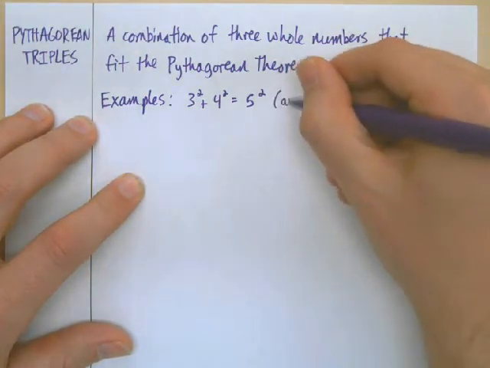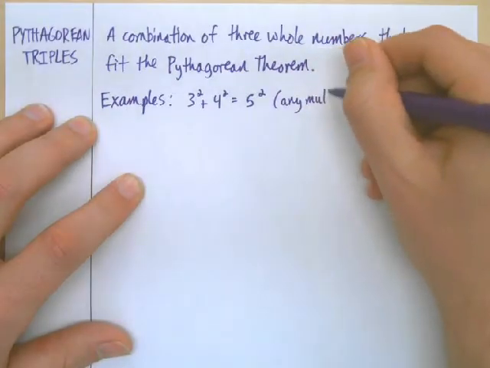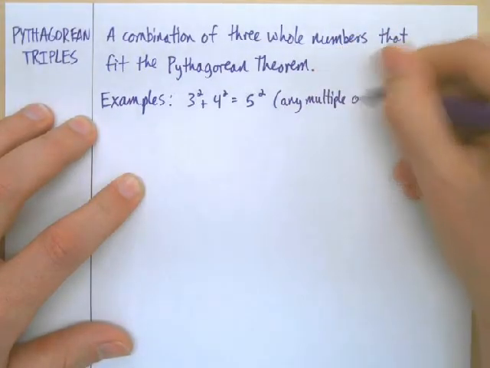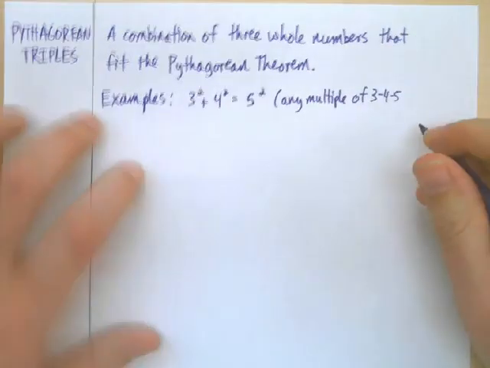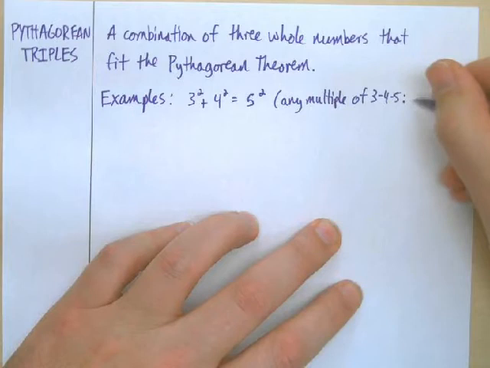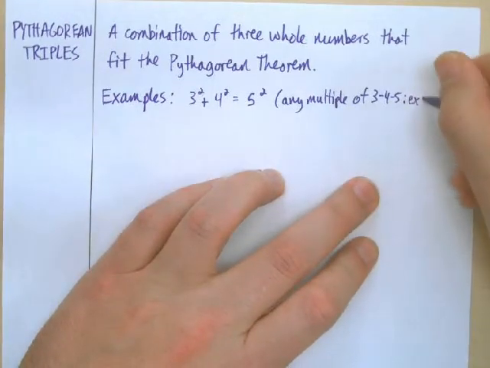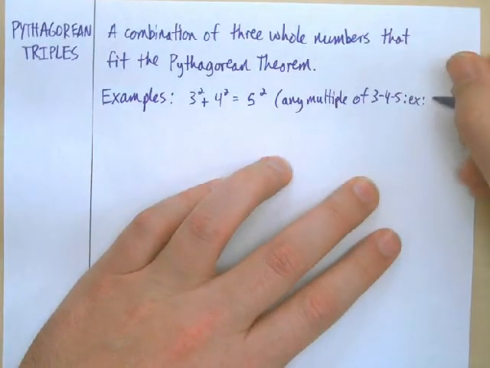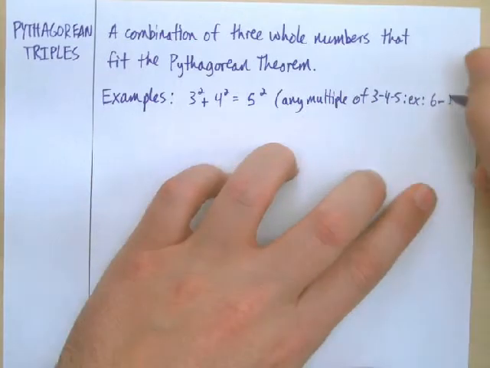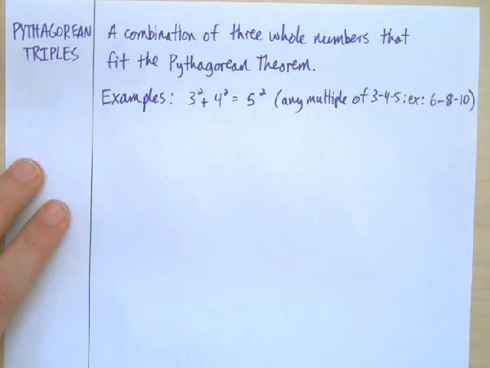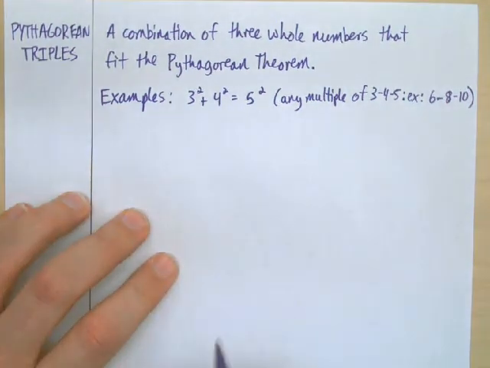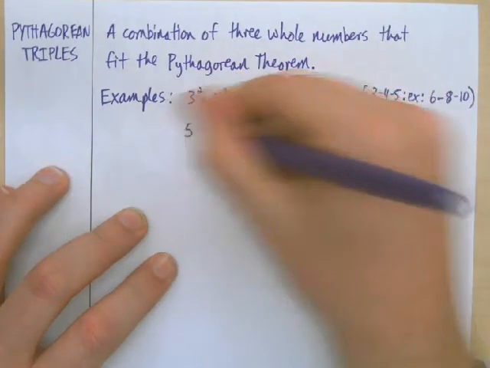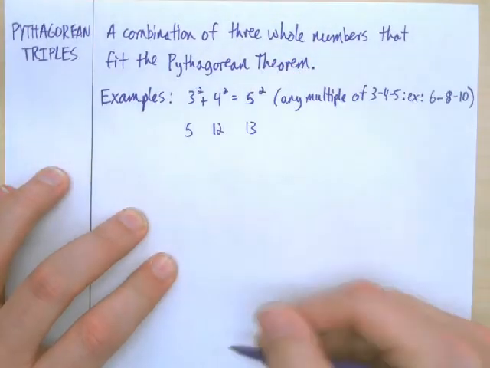Also, any multiple of 3, 4, 5 will work. An example would be 6, 8, 10. Another example of a Pythagorean triple could be 5, 12, 13.